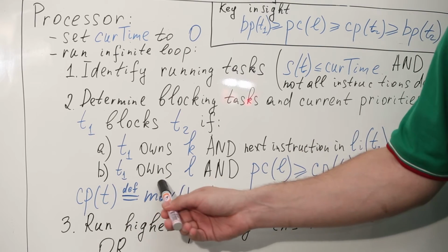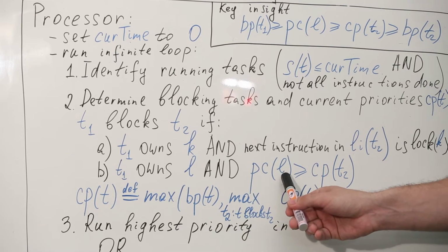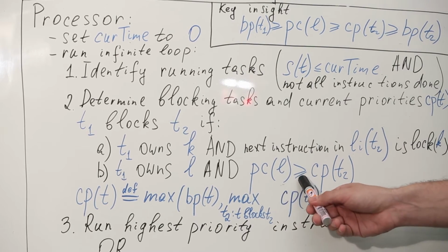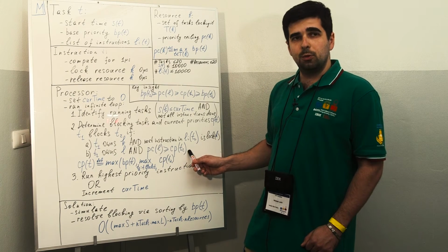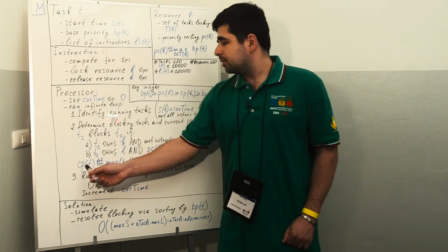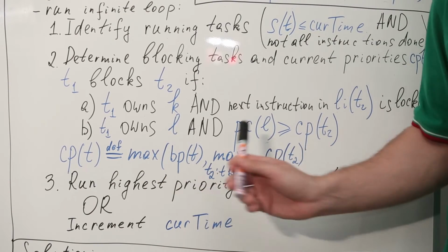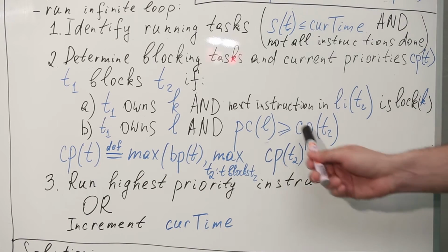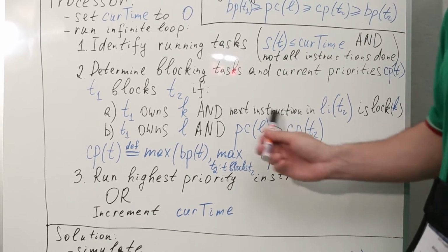If T1 owns some resource L and the priority ceiling of that resource L is greater than or equal to the current priority of task T2, which we don't know yet what it is. However, the definition of current priority is the maximum of the base priority of this task and the maximum of all the current priorities of the tasks that it blocks.